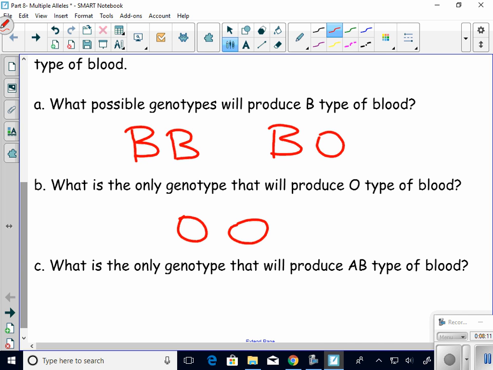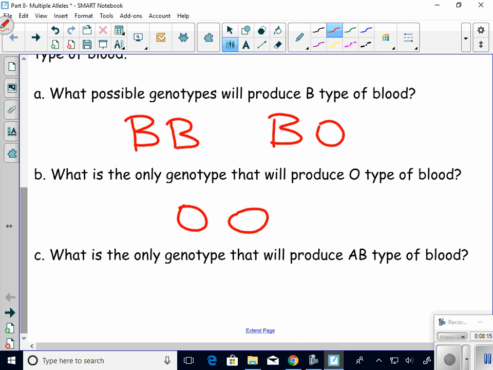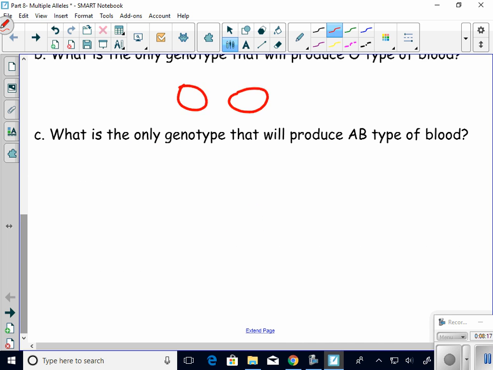Yeah, because it's the recessive. That's the only one. What is the only genotype that will produce AB blood? Maddie? AB. Excellent.